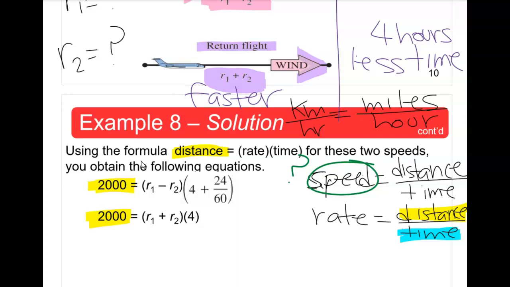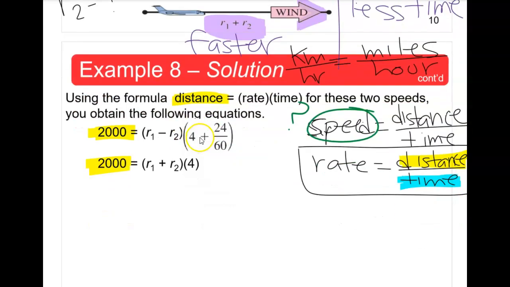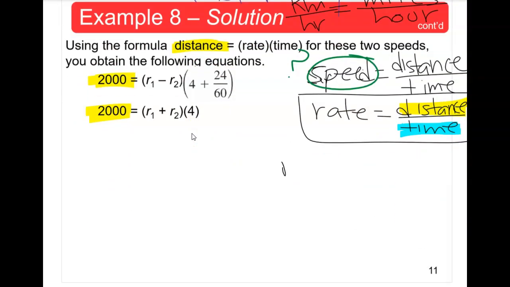So because of that, and we have some variables, we are going to use a variation of this formula here, and we're going to set it up so that we have rate here, and then we're going to take time out of there because we don't want to have a fraction.